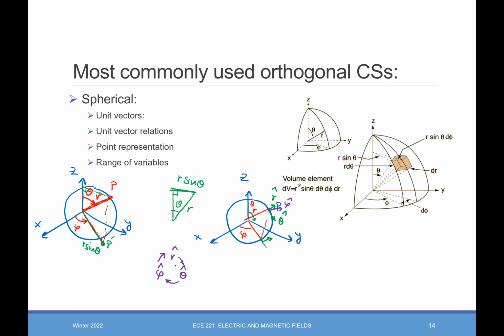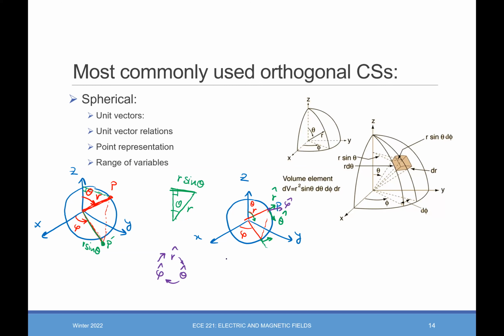Whenever you forget how to calculate phi hat, use your right hand to go from r hat to theta hat, and then your thumb gives you the direction of phi hat. In this small coordinate system, if I go from r hat to theta hat, phi hat is the direction that my thumb shows.